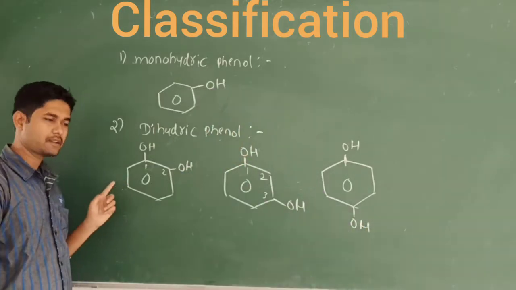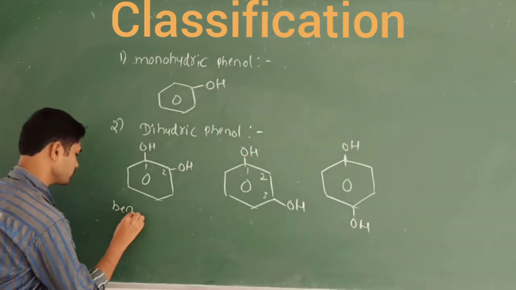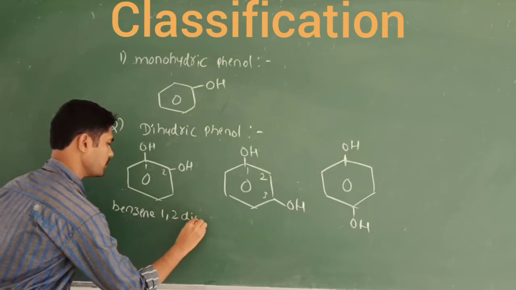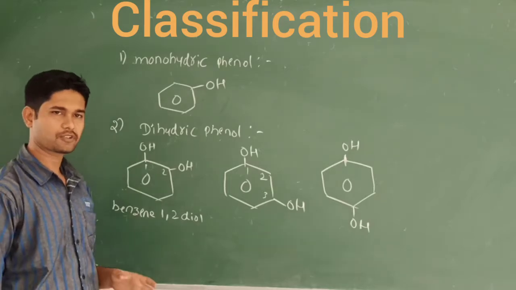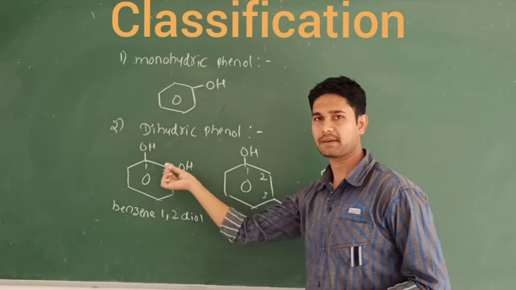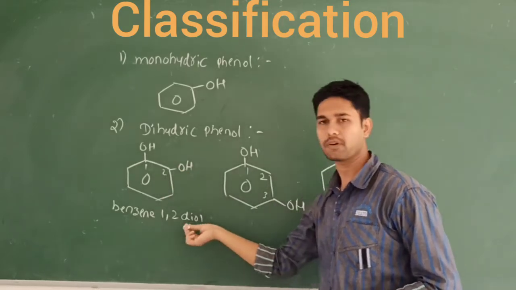Its name is benzene 1,2-diol. You know the alcohol functional group is called OL. So here, the OH groups are attached at the first and second positions, so it is called benzene 1,2-diol.